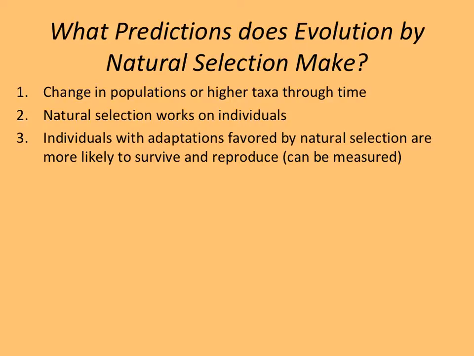You take a whole bunch of bacteria and you put them in a certain environment, and then you change the environment, and individuals with traits that allow them to better survive in the new environment are more likely to make more bacteria. And you can actually measure that. You can also look at individuals and see how likely it is that they're going to actually reproduce.